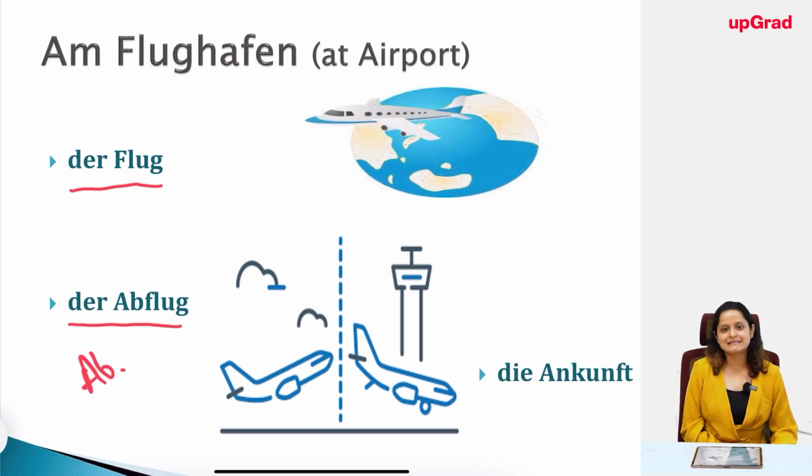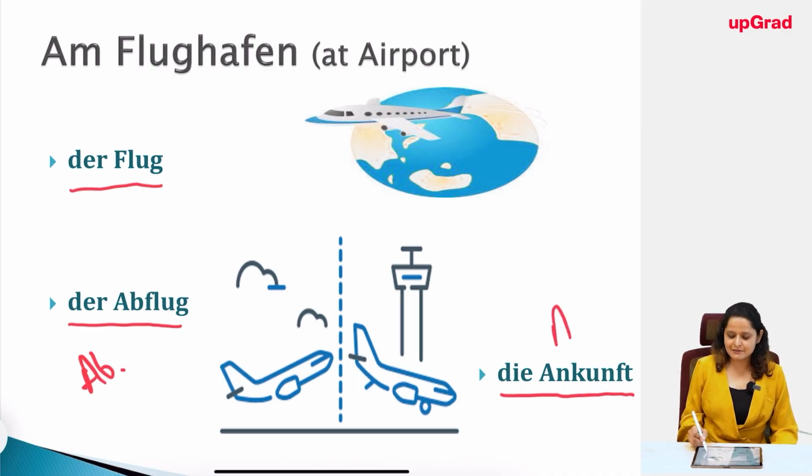This represents departures. The next word that we take here is the word die Ankunft, which means arrivals. So whenever you are looking at flights arriving, the word that is used is die Ankunft, sometimes written in short with a dot, which is Ank. So this is departures and this is arrivals.